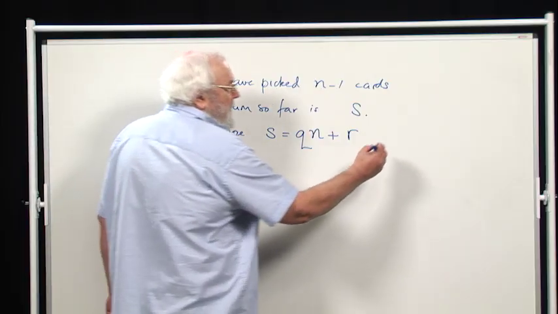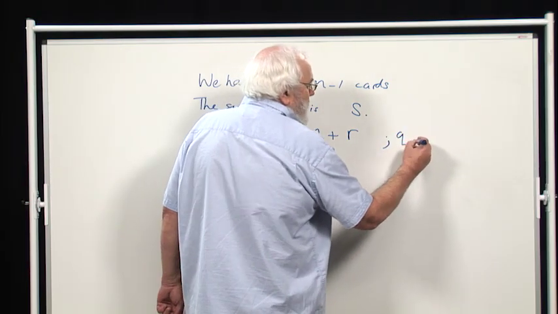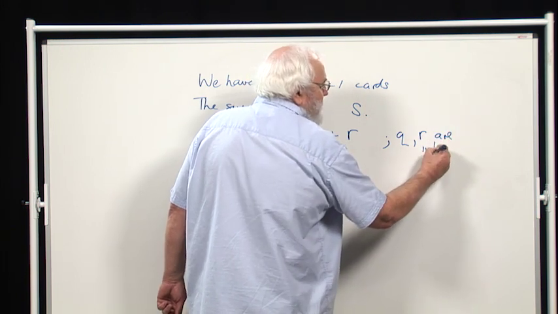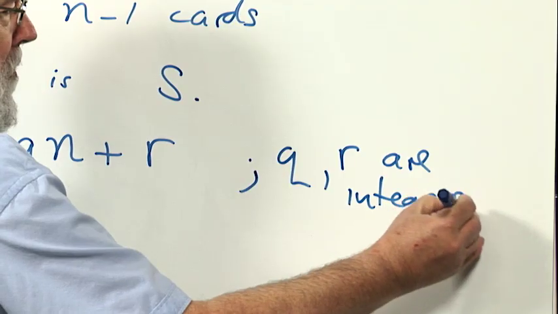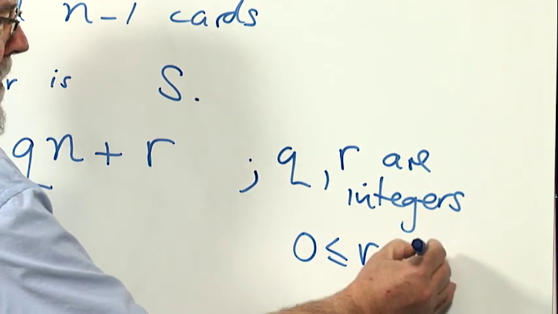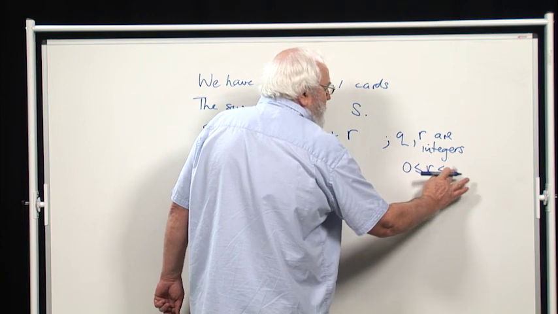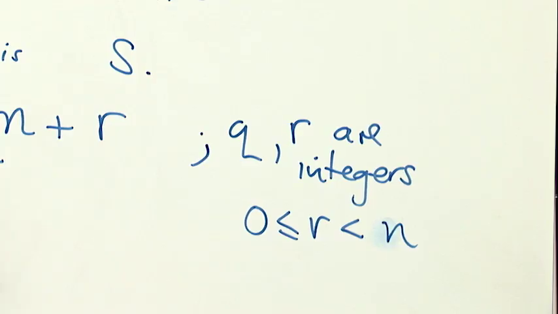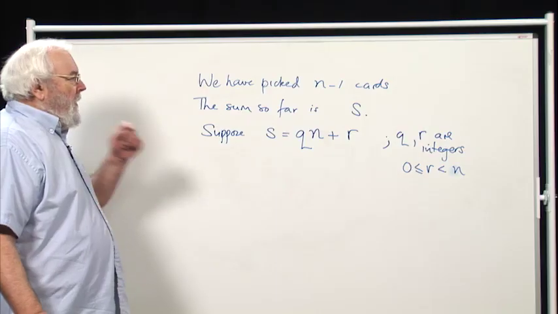So here, Q and R are integers, and R is strictly less than n, and it's at least 0. Right.